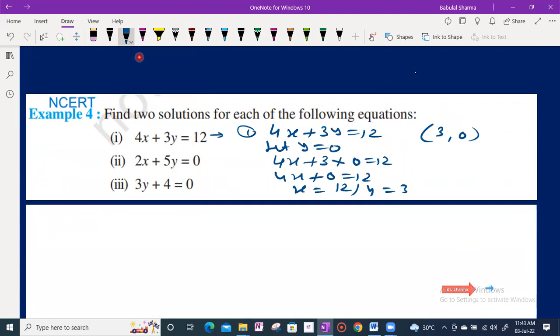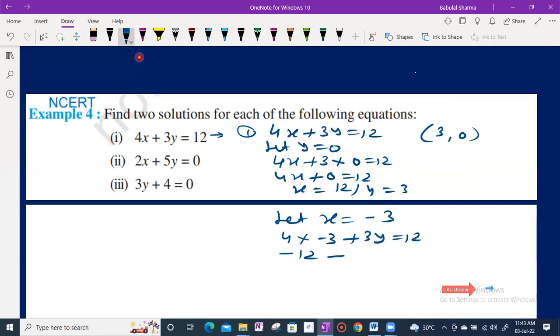Always keep in mind that we write the x component first, and after that we write the y coordinate. Second solution, let x is equal to minus 3. So we can write 4 into minus 3 plus 3y is 12.